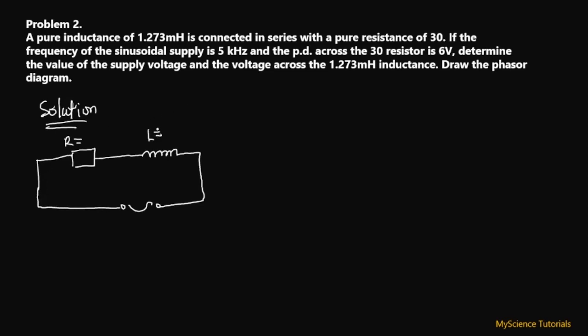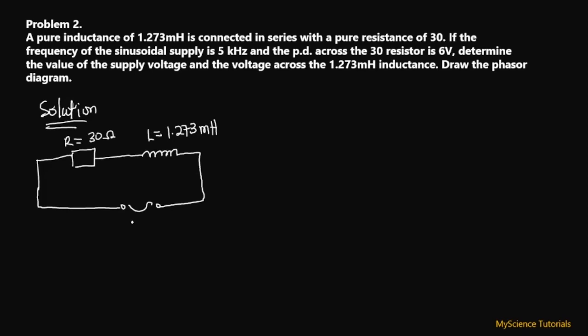So this is our inductance L. We have an inductor of inductance 1.273 millihenry connected to a pure resistance of 30 ohms. So this is 30 ohms.